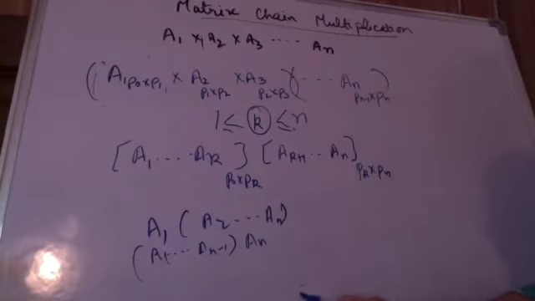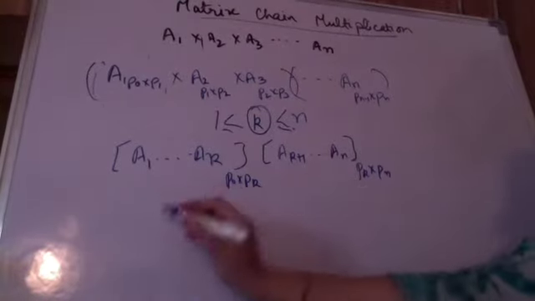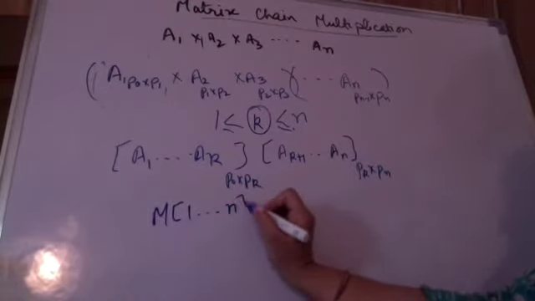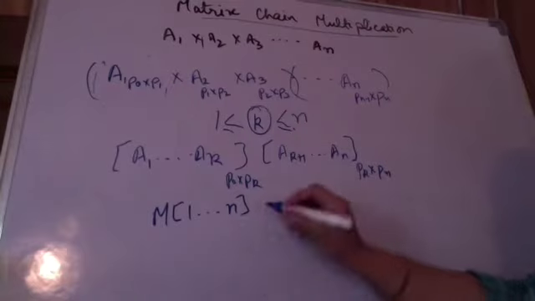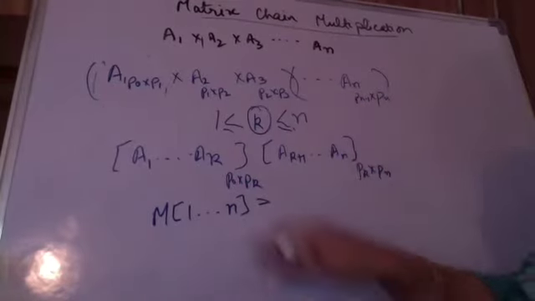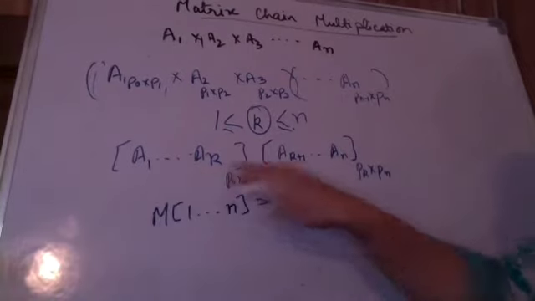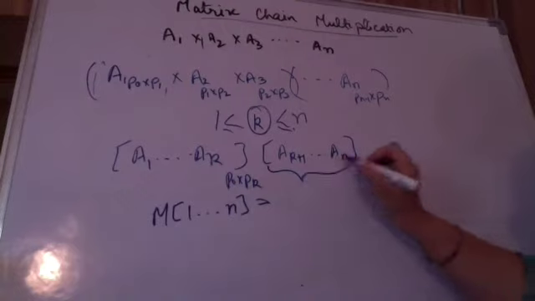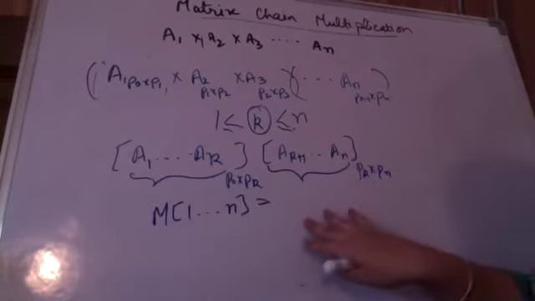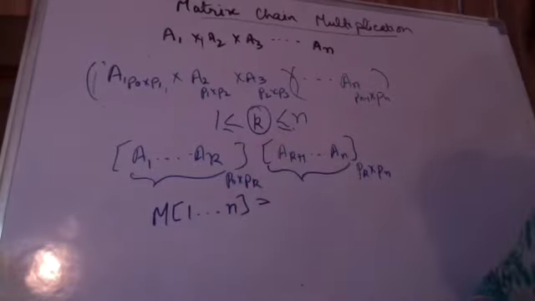So after this, I am saying that what is the total number of multiplications that I am requiring to compute the product of matrices 1 till n. When I am breaking my original product into two parts, it will be the number of scalar multiplications required to compute this matrix plus the number of scalar multiplications required for the second half of the matrix plus the number of multiplications required to multiply these two. Fine.